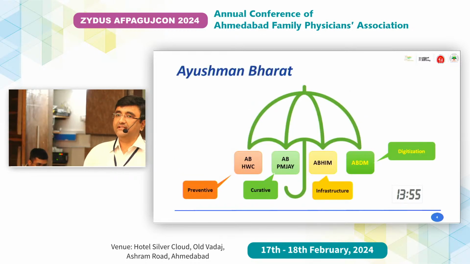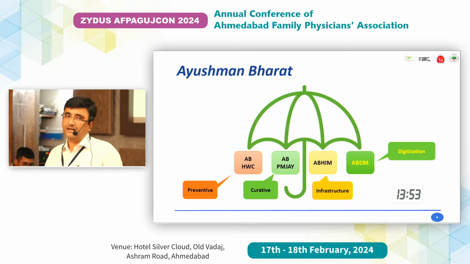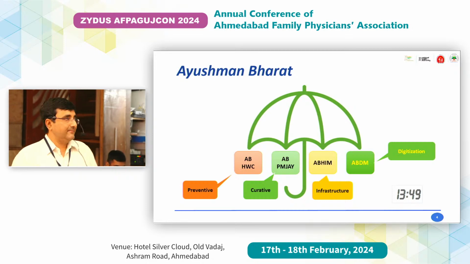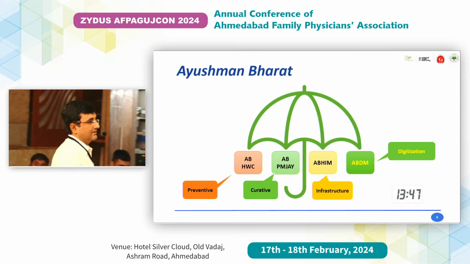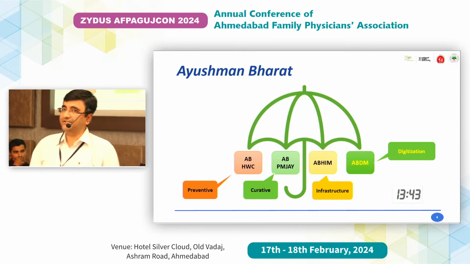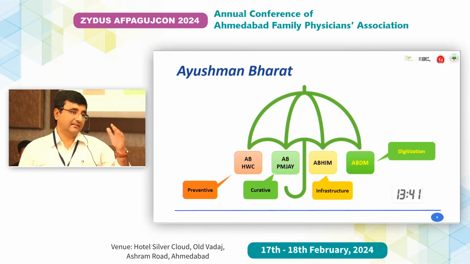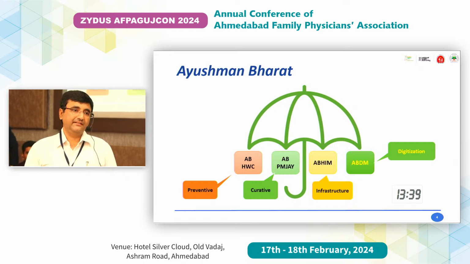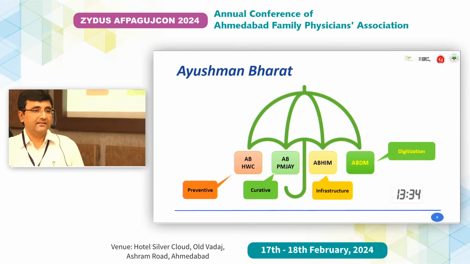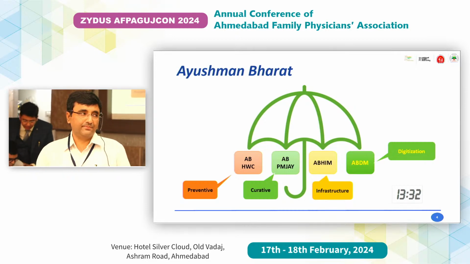So this is the basic umbrella of Ayushman Bharat. It has 4 components. It starts with the preventive mechanism: the Ayushman Bharat Health and Wellness Centers. Then we have secondary and tertiary treatment through the Pradhan Mantri Jan Arogya Yojana, where we can have treatment up to 10 lakh rupees in our state.